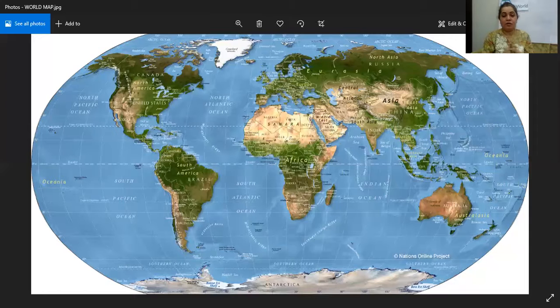So there are different kinds of biomes in Europe. And I'm going to show you a couple of pictures of the animals which are found there. Europe is in the top middle of the world map. It is the second smallest continent of our world, and the only continent without any desert.